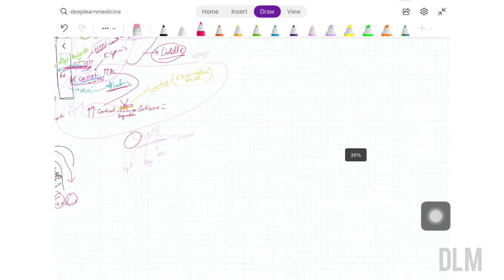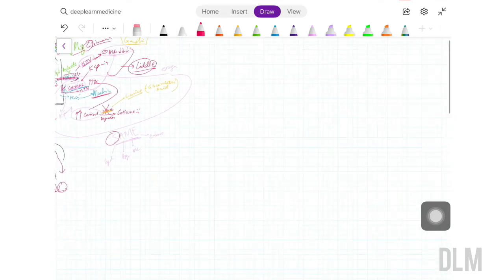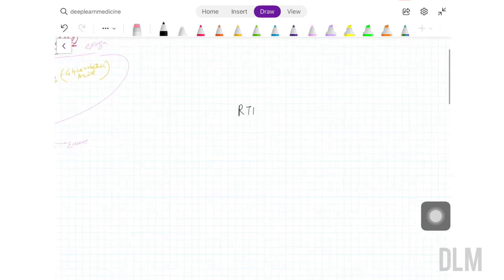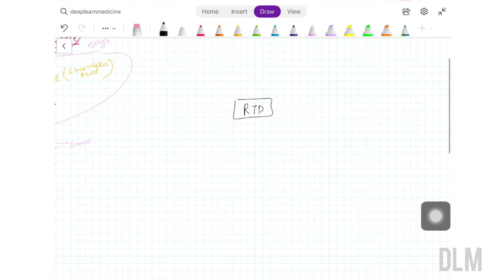So whenever you come across a renal tubular defects question, you'll see the options and you will try to get an idea, and then there will be hypokalemia too in the question stem. The first question that I want you to ask yourself is, how is the pH, right? Is there metabolic acidosis or is there metabolic alkalosis?